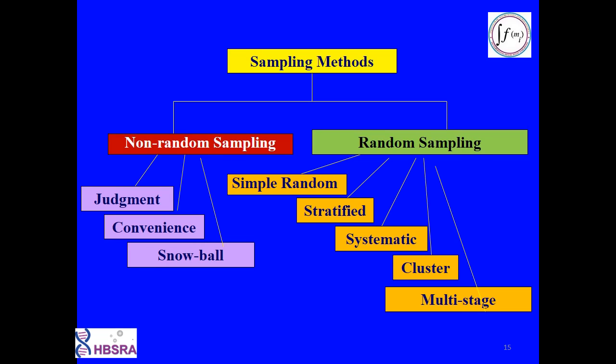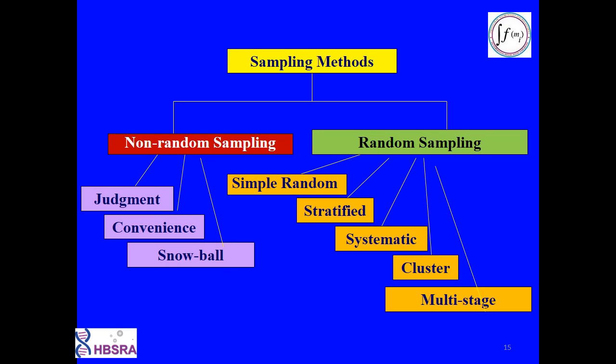Judgment sampling or purposive sampling is somewhat okay, but researchers should have a good knowledge about the population. Snowball sampling is sometimes useful. Though it is somewhat biased, there are places where it is impossible to get the information.